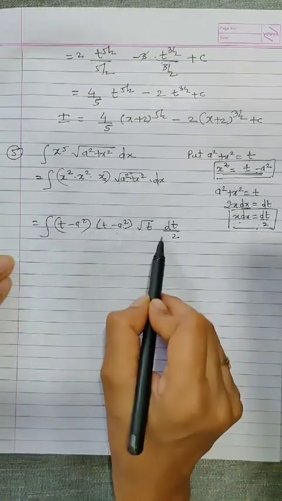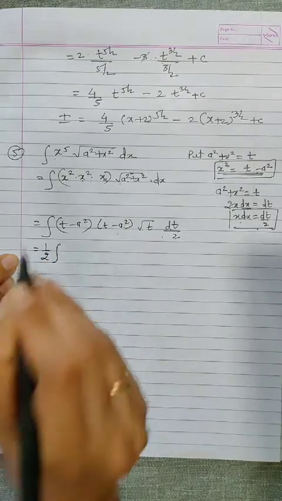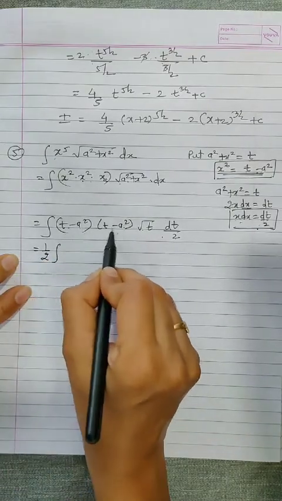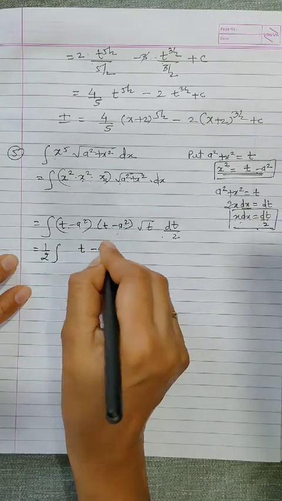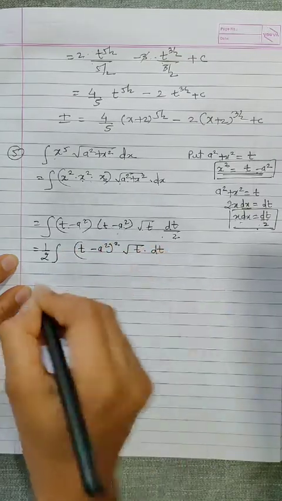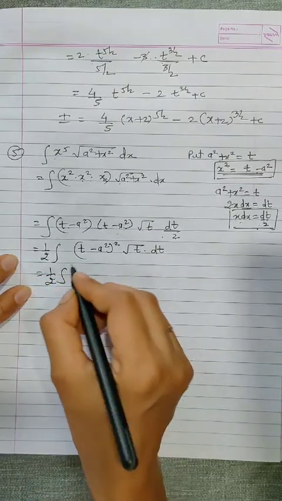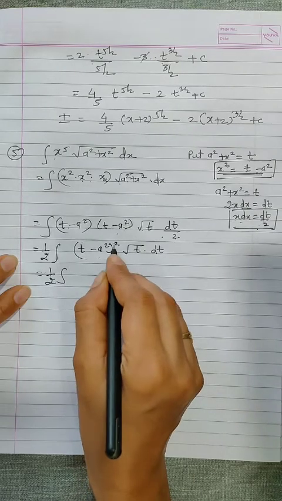Now here this 1 by 2 is a constant, so take it out of the integration. Now we have half integration of (t minus a square) whole square under root t dt. Now apply (a minus b) whole square, that is a square minus 2ab plus b square.